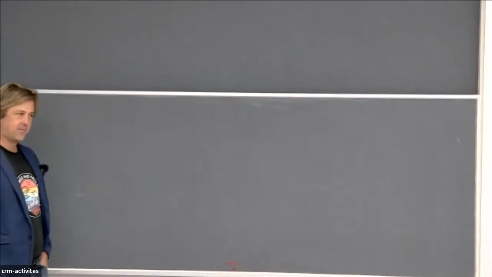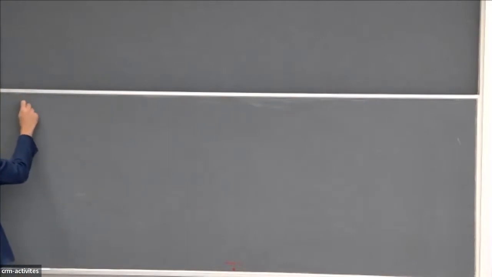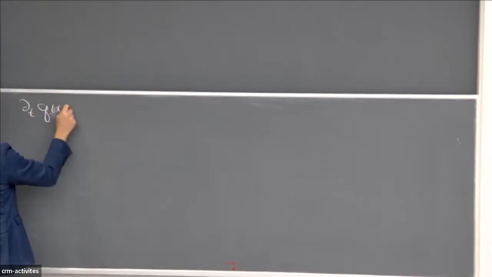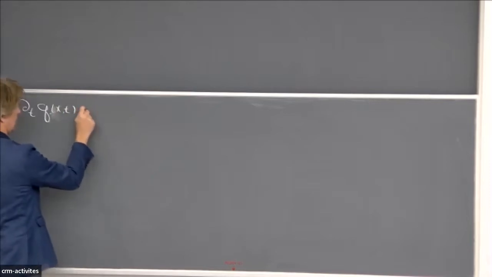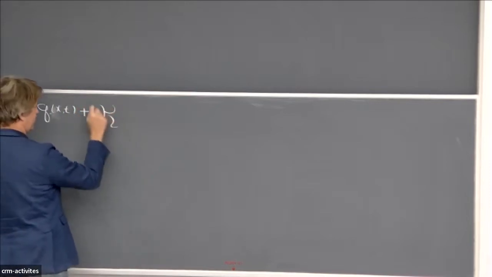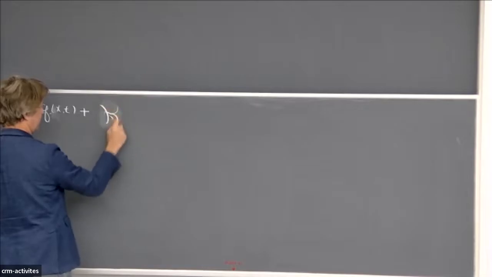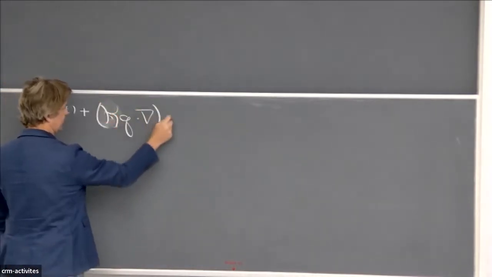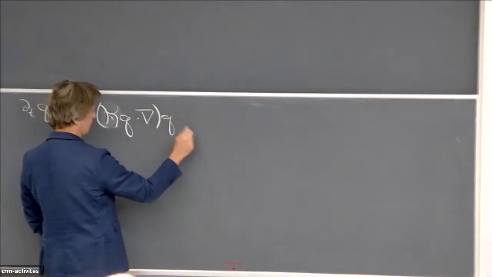But I want to be a little more explicit. So if we have the two-dimensional Navier-Stokes equation, let me write it this way today, plus the Biot-Savart kernel dot the gradient. So this is in vorticity form, just like every other day.